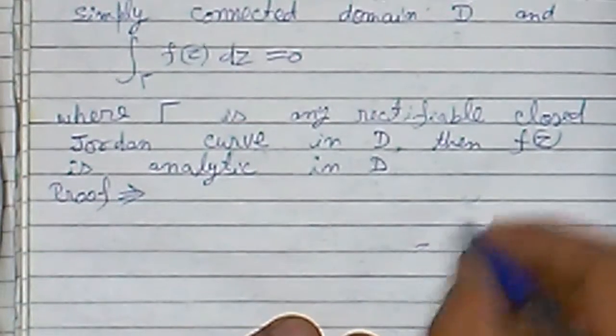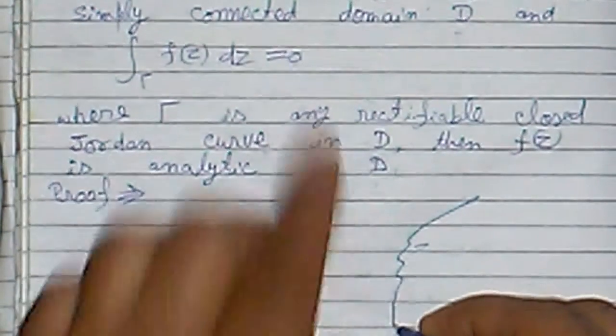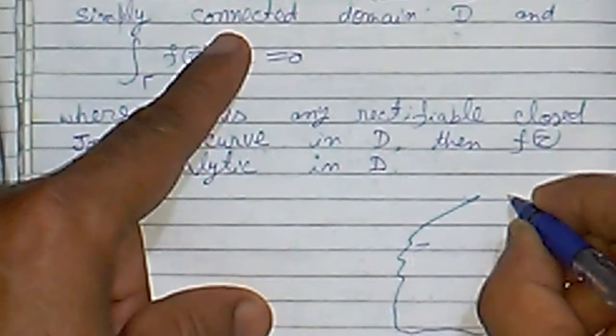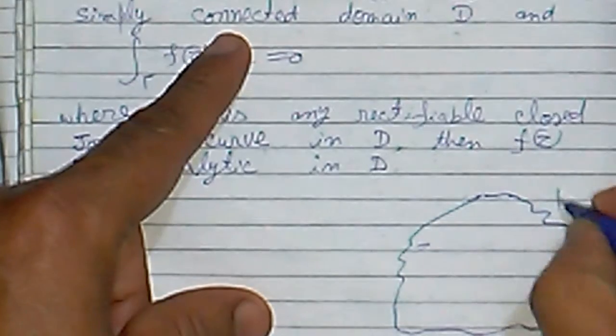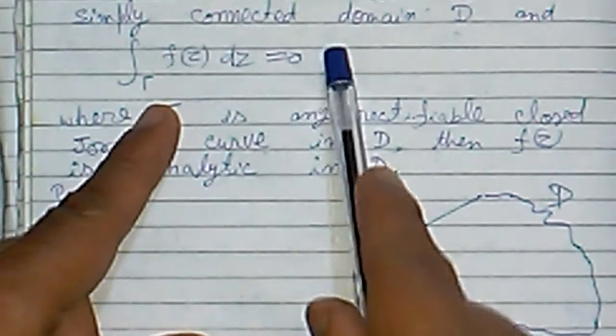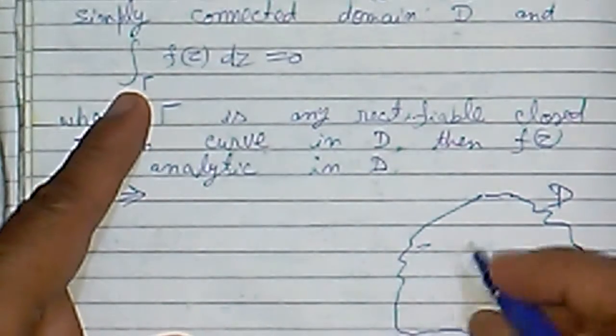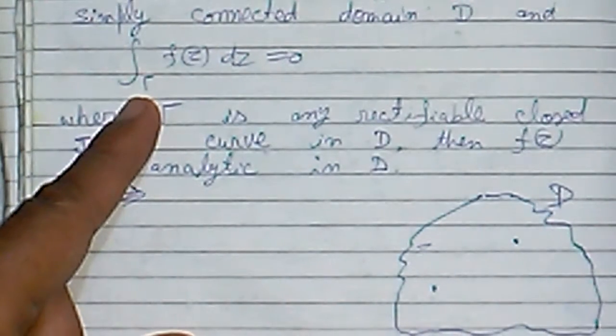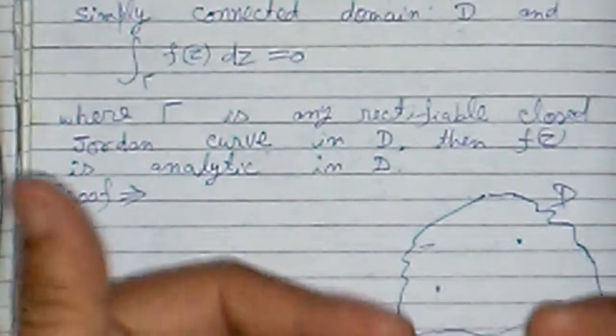So we first draw a domain D, which is defined here as a simply connected domain. For the proof, we first use the point that the integral is independent of the curve.